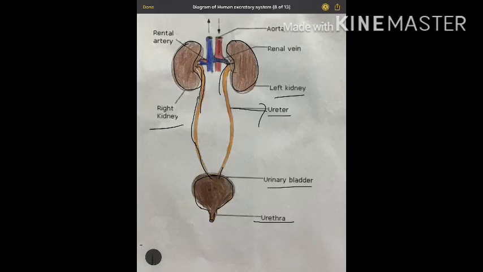All right, students, so the kidney is the main hero, we can say, of this excretory system, which helps us get rid of the waste products in the food which we eat, and the excess salt. All these waste materials and the excess salt are mixed in water, and urine is formed in the kidney.